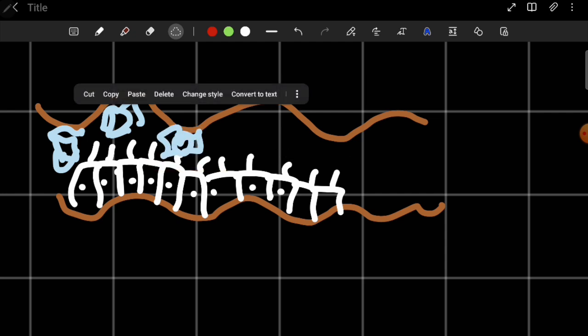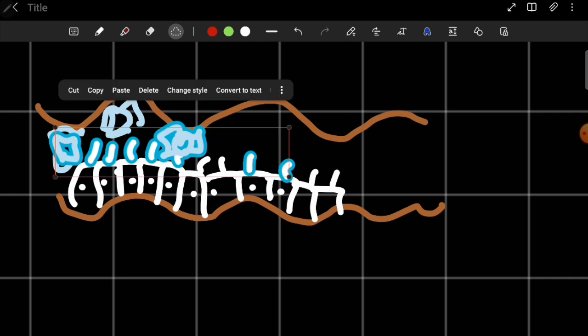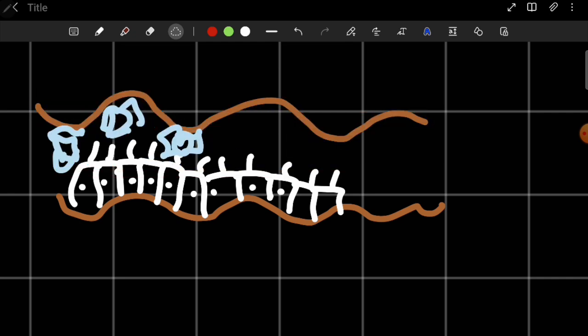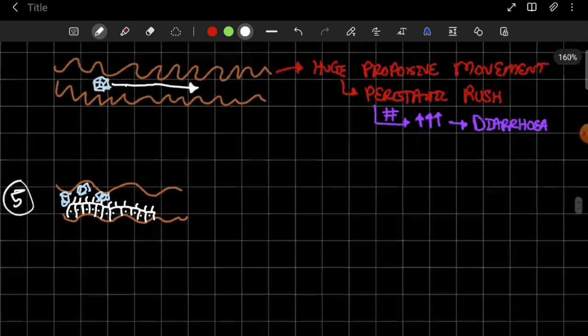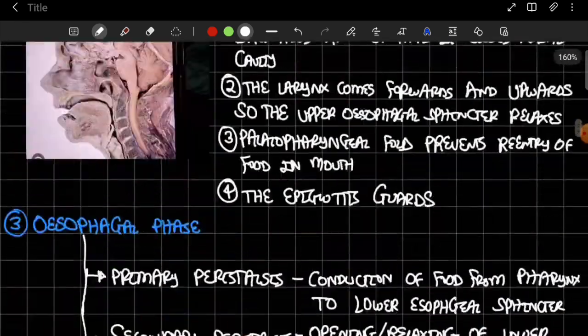Similarly, this paneer will be pushed, this paneer will be pushed, and the villi help to move the food to the large intestine. This was all about the small intestine movement.